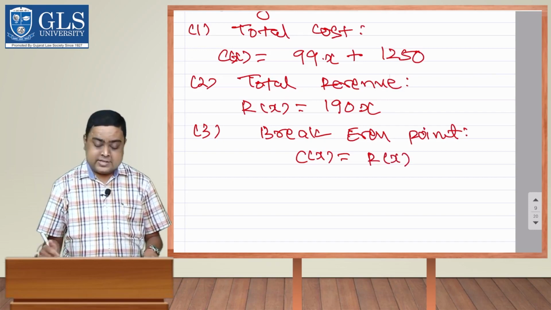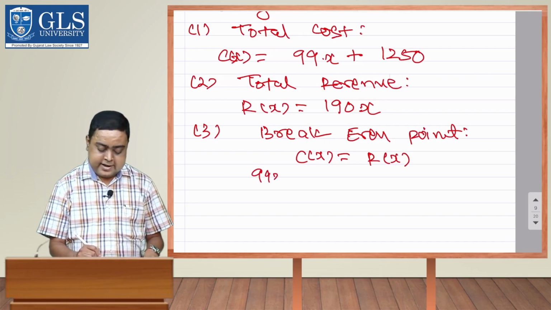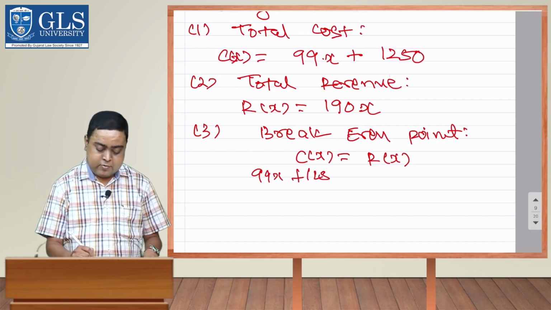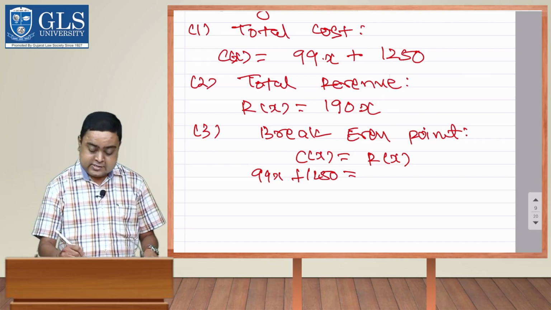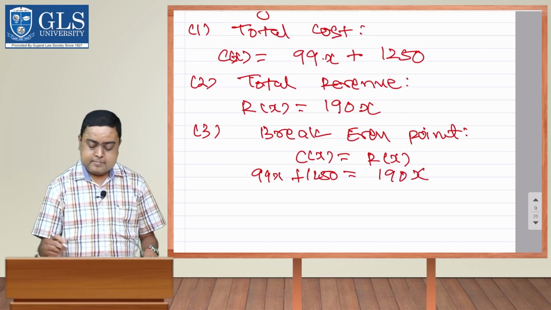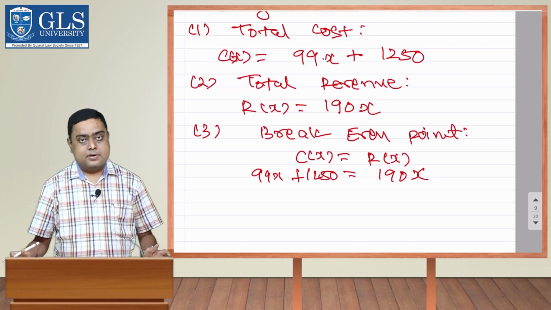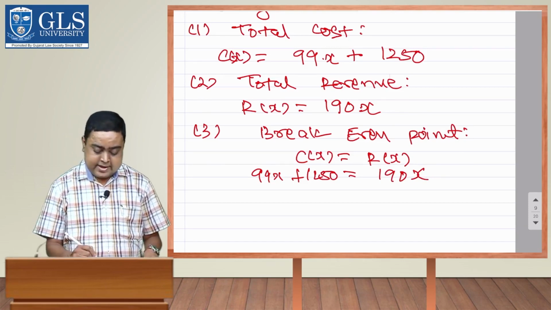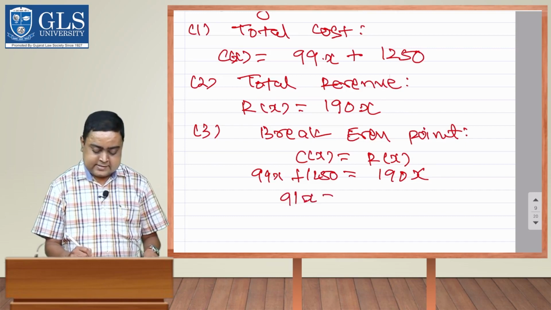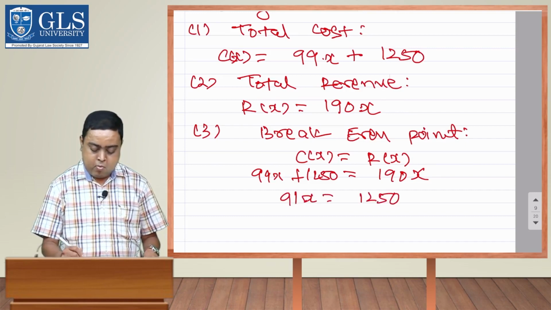The cost function is 99x plus 1250 and the total revenue function is 190 times x. Let me solve this equation. So I am getting 91 times x is equal to 1250.